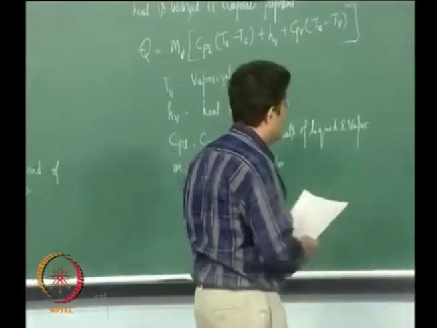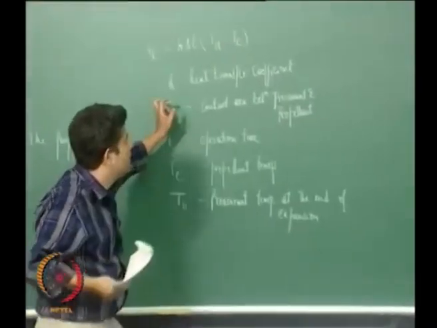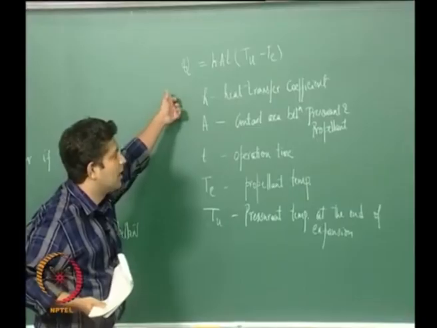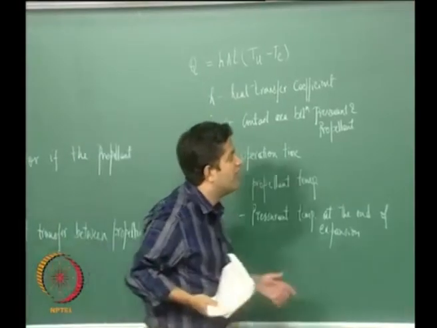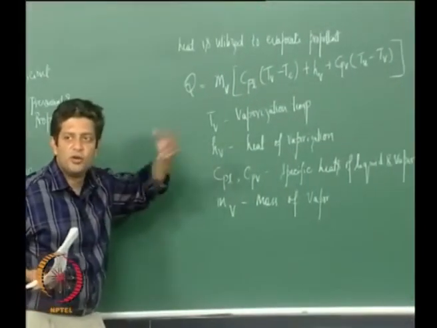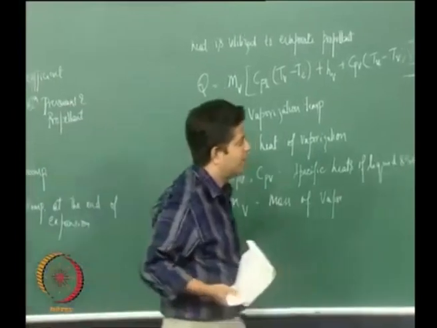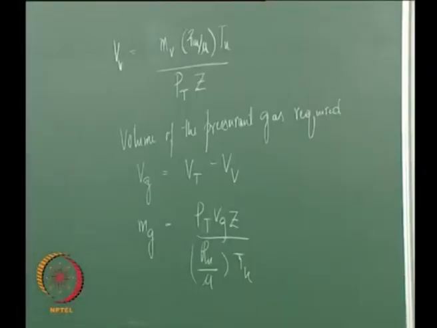Now, this is the heat that is transferred from the vapor or the pressurant gas to the propellant. So, we have used this to calculate the mass of vapor. We know the mass of pressurant required, right. So, we can calculate what is the temperature at the end of this using the following relationship.